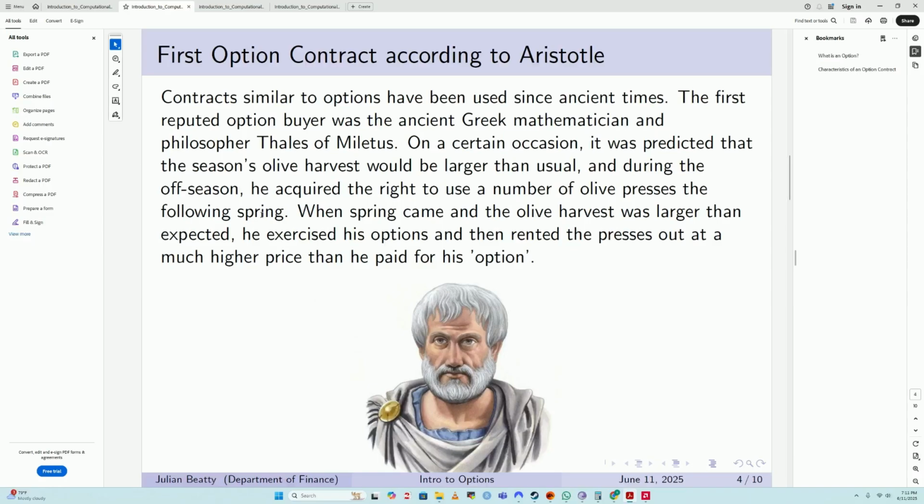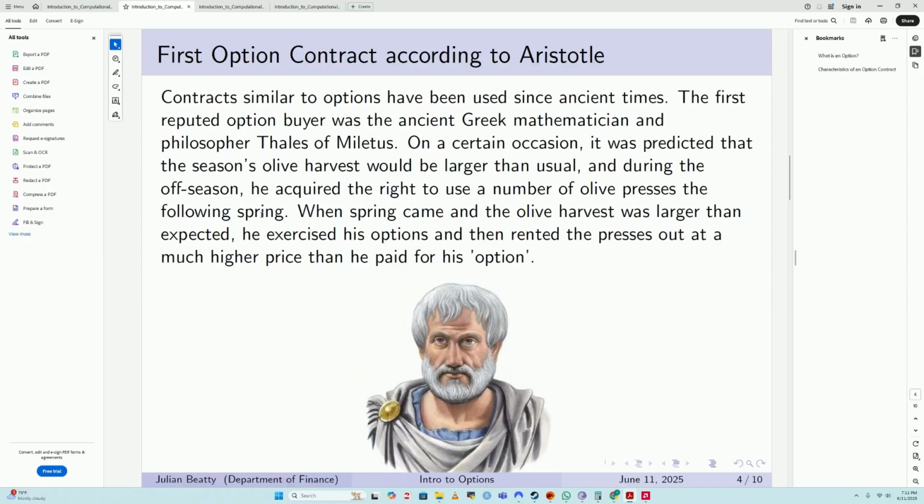According to Aristotle, there was a Greek mathematician called Miltiades who on a certain occasion predicted that the olive harvest would be larger than usual, and that presumably there would be a lot of people trying to use olive presses. So he acquired the right to use a number of olive presses the following spring.